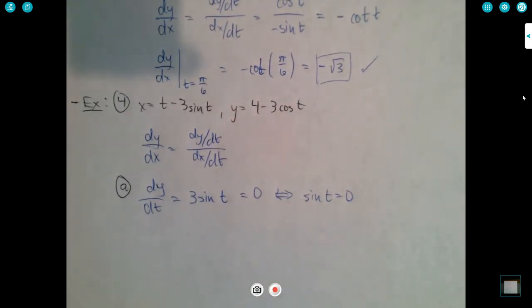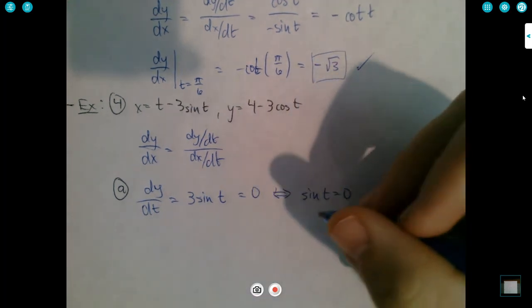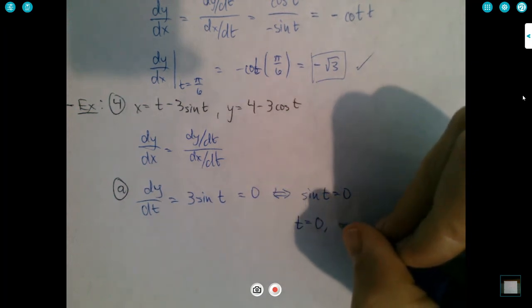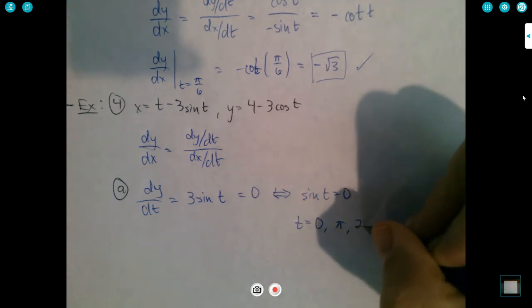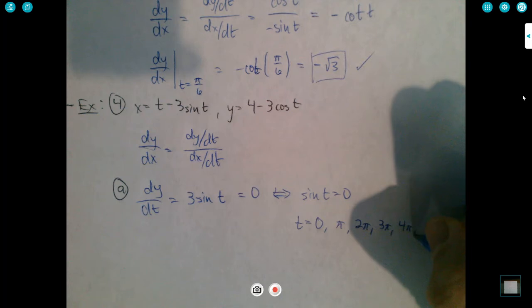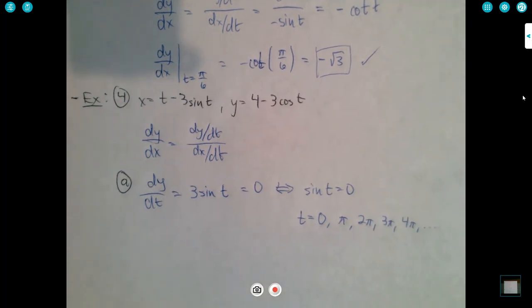And when does sine t equal 0? Sine t equals 0 whenever t equals 0, pi, 2 pi, 3 pi, 4 pi, and so forth.